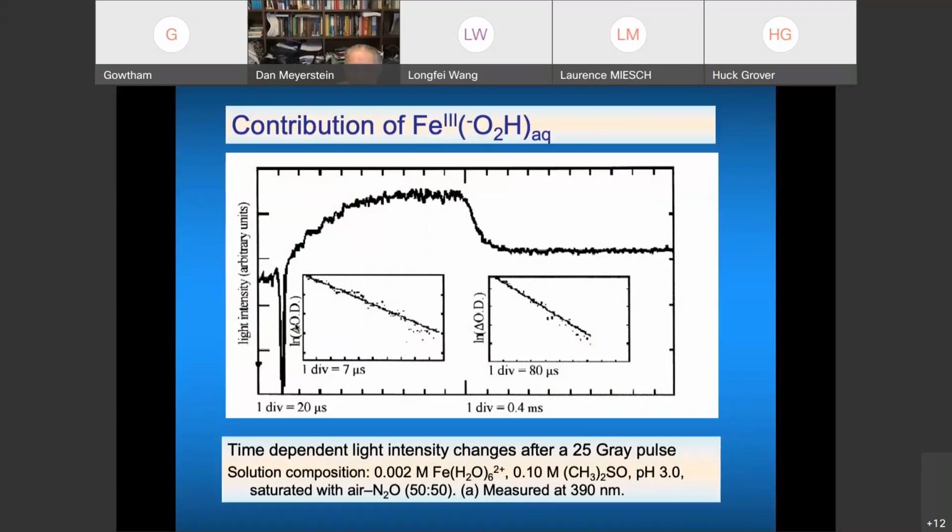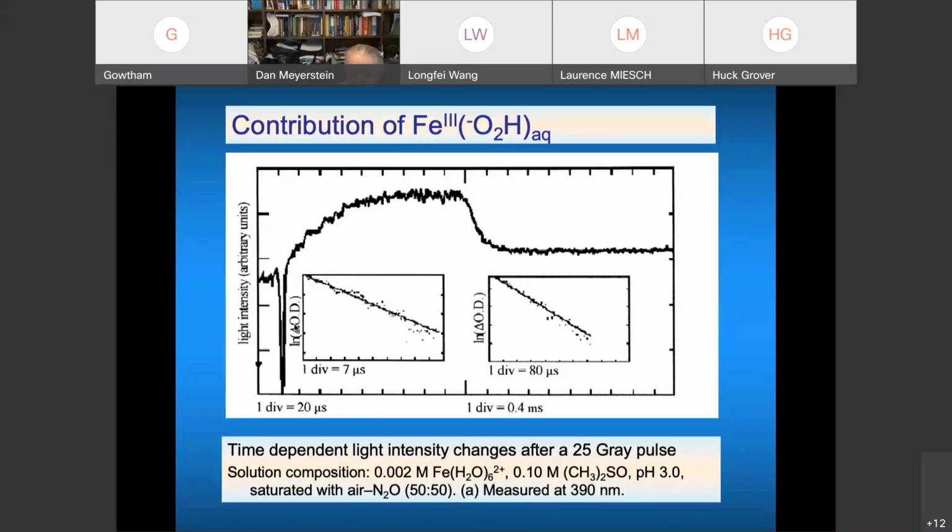We reacted iron 2 with methyl peroxide, but we did the same with hydrogen peroxide, and you can see the formation of the iron 3 peroxide intermediate and its decomposition, and the decomposition obeys a first order rate law, which is proportional to the concentration of iron.